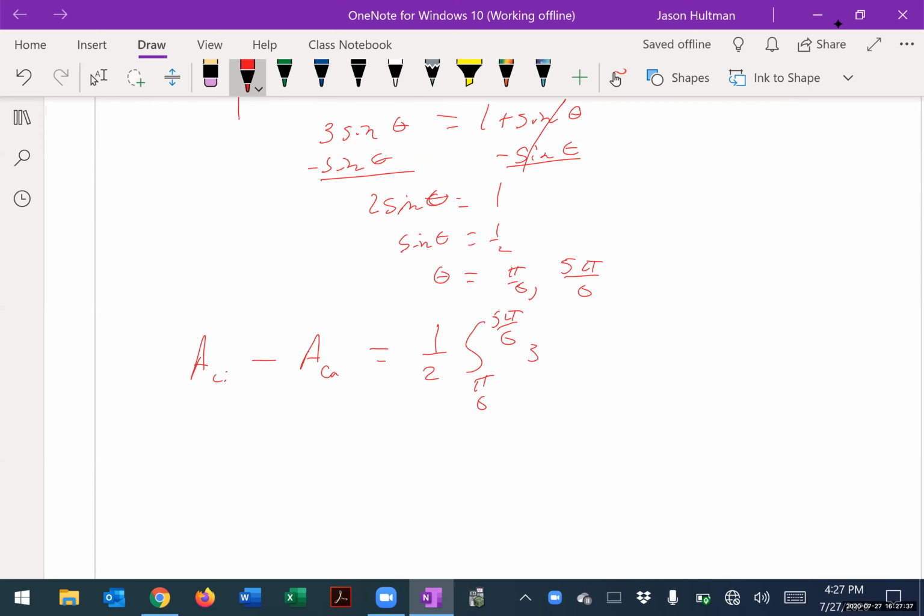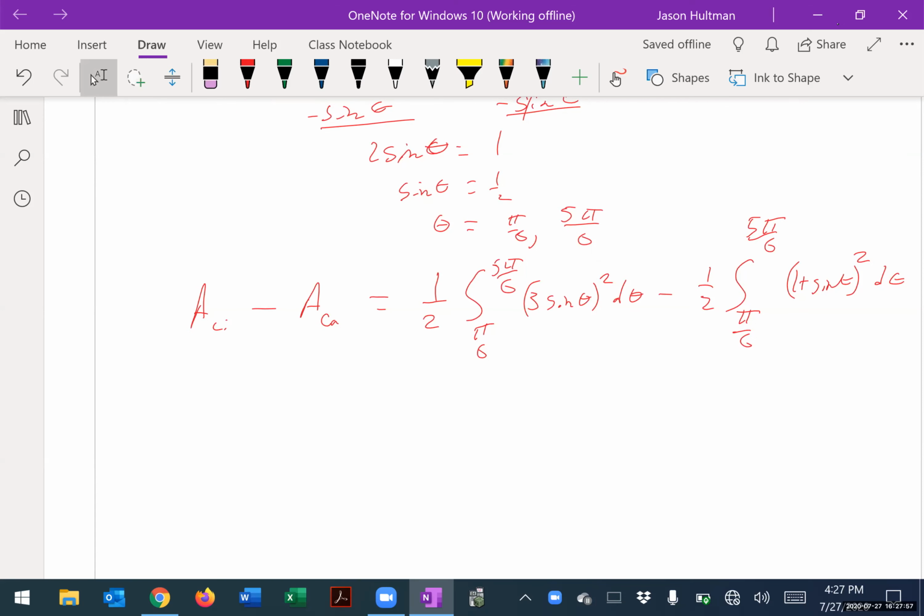So the circle is 3 sine theta squared d theta minus 1/2 times the integral from pi over 6 to 5 pi over 6 of 1 plus sine theta squared d theta.